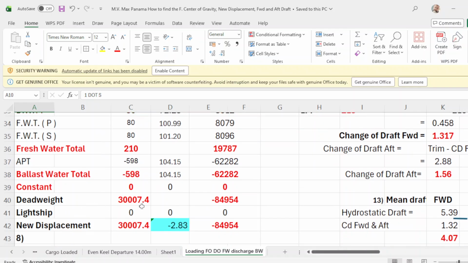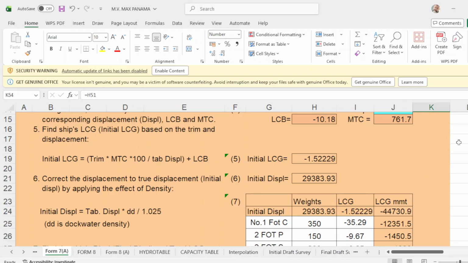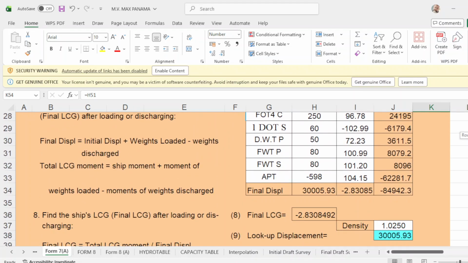And your total dead weight will be 3007.4, and your total LCG moment is negative 84954. So what is the dead weight here? Dead weight is 3005.93, and your total longitudinal moment is 84942.